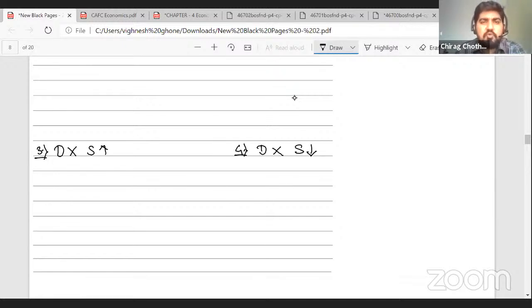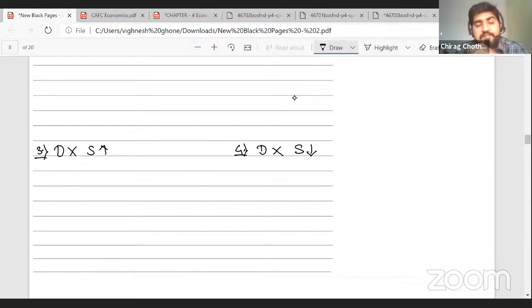One thing which you might be noticing: the demand of computers increases, what will be the effect on equilibrium price and equilibrium quantity of the computers? Then there might be one more question. There is an increase in demand of strawberries.